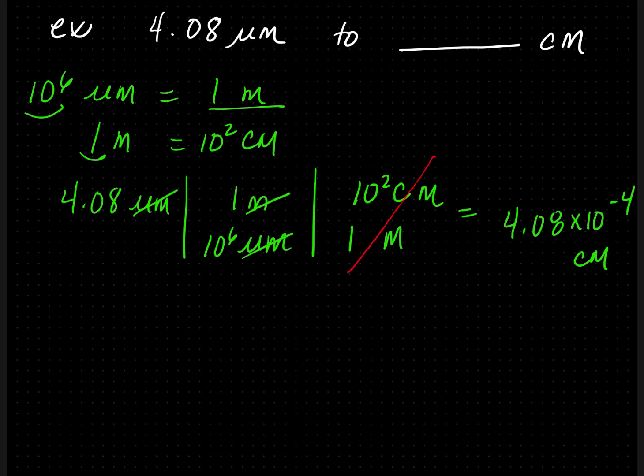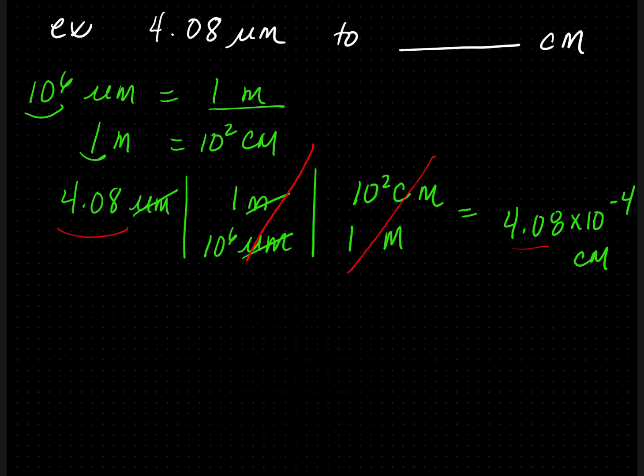Conversion factors do not count because in general they will have 1 sig fig. I look at the initial. There are 3 sig figs. That 0 is significant because it's surrounded by a significant digit, or there's a decimal and a significant digit in front. And my final answer also has 3.